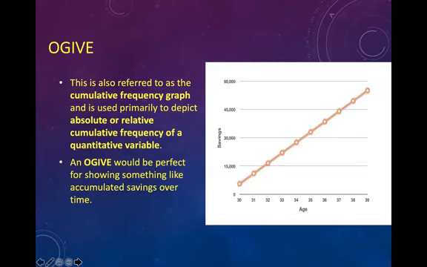Ogive. This is also referred to as the cumulative frequency graph and is used primarily to depict absolute or relative cumulative frequency of a quantitative variable. An ogive would be perfect for showing something like accumulated savings over time.